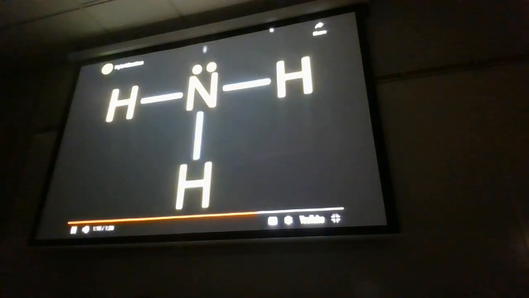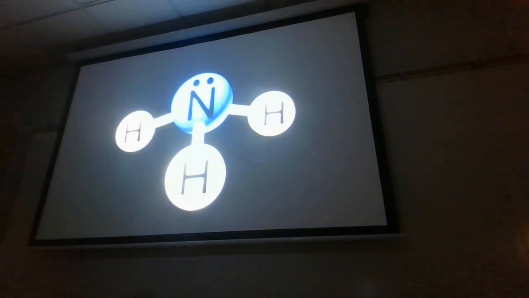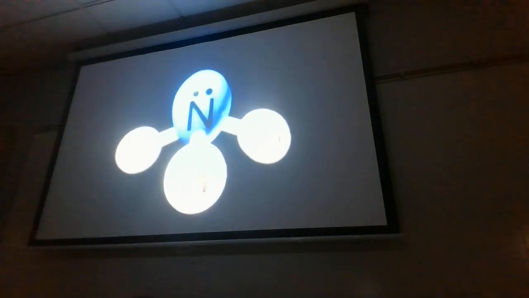Let's apply the concept of hybridization to ammonia. Here is the Lewis structure for ammonia. There are four electron pairs in the nitrogen valence orbitals. We know that an ammonia molecule has a pyramidal shape. This shape can be explained by assuming that the central nitrogen atom employs sp3 hybrid orbitals.